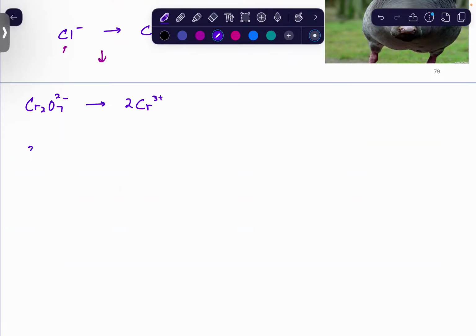And then I'm going to do 2 chloride for the Cl2 gas. Now it's time to start balancing oxygens and hydrogens. Well, we're lucky in the chlorine half reaction, there are no oxygens. So we don't have to deal with it. We just have to deal with the 7 oxygens in the dichromate half reaction, okay?